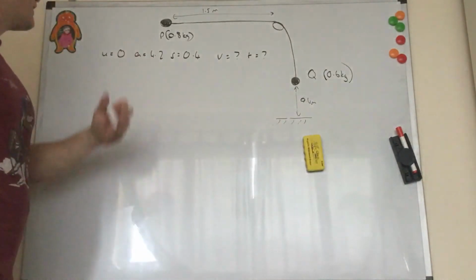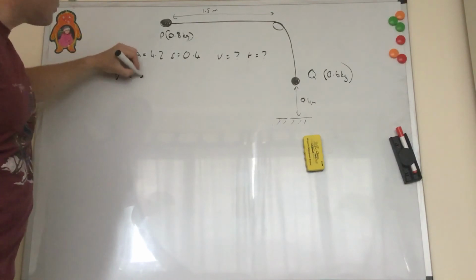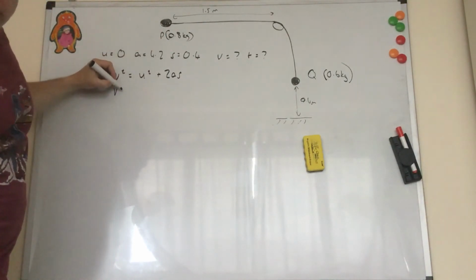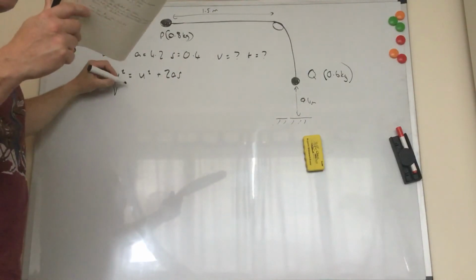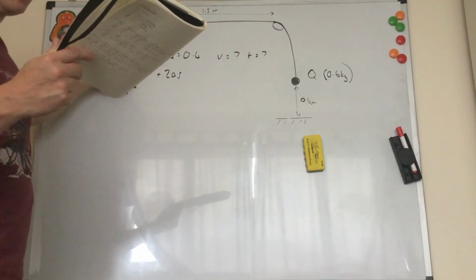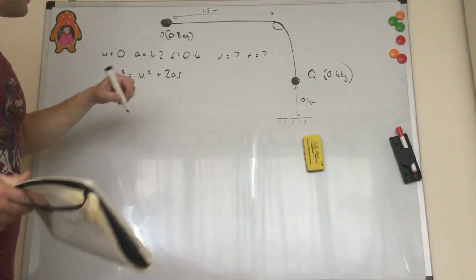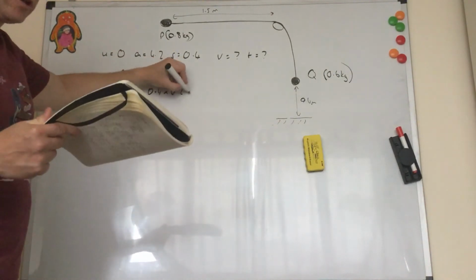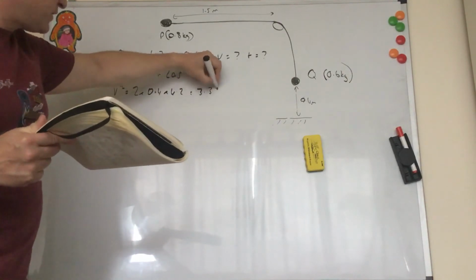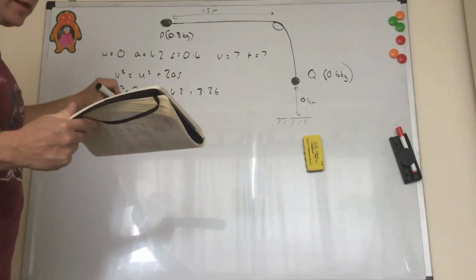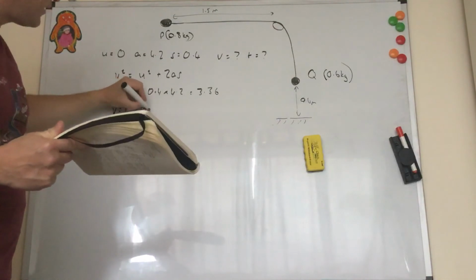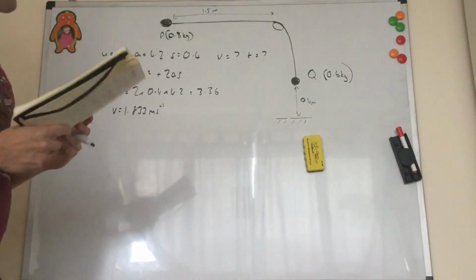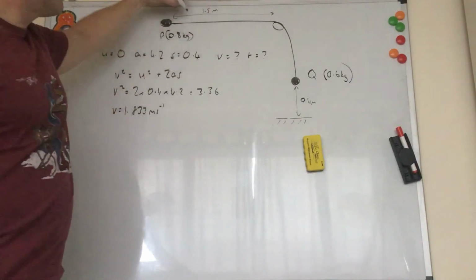I'm going to work out v using v squared equals u squared plus 2as. So v squared equals 0 plus 2 times 0.4 times 4.2, which is 3.36, which gives v equals 1.833 meters per second.